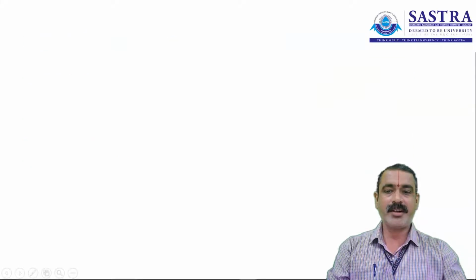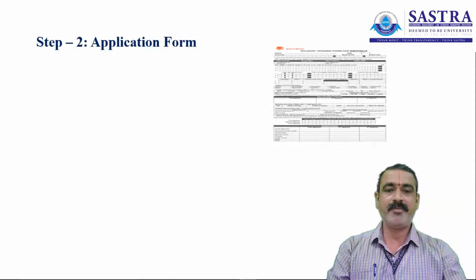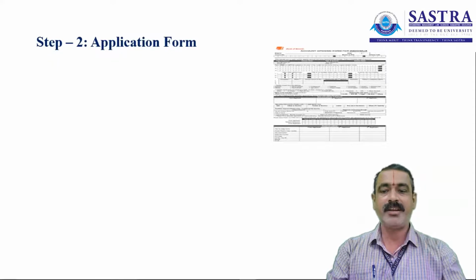The next stage or step in the opening of account is the application form. The form which is supplied by a banker will have to be filled in by the customer and submitted along with the necessary documents that are required to be provided at the time of opening of an account. After obtaining a letter of introduction, the banker supplies an application form according to the type of account which the customer wants to open.